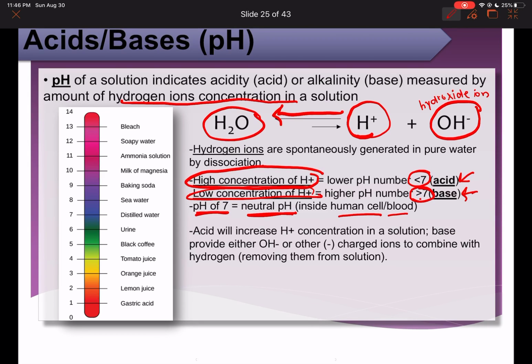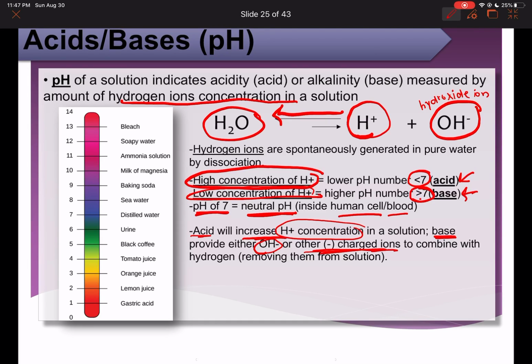Now, again, remember that an acid will always increase the amount of hydrogen ions in the solution, while a base will provide either hydroxide ions or any other negatively charged ions to combine with hydrogen and remove them from a solution.